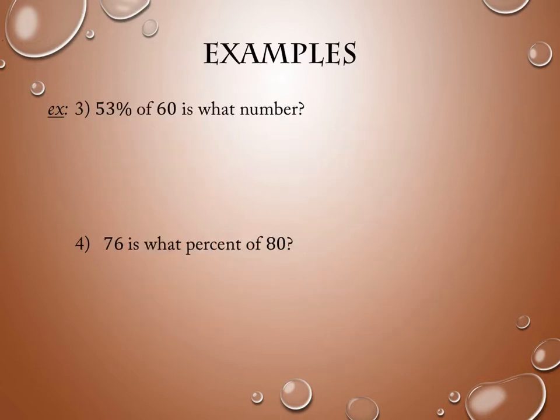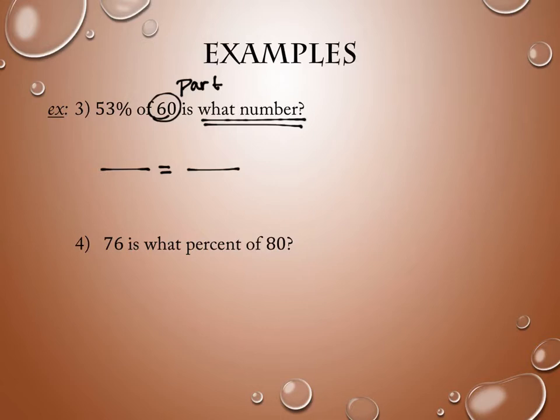Okay, so this part says the what number part here. How is that going to mean the problem is set up differently? What's going to be different when I actually set up my proportion because of the structure of the English? Yes, it will. So this is actually a part. It is part of what number? Do you guys see that? The part that says at the end is what number, right?